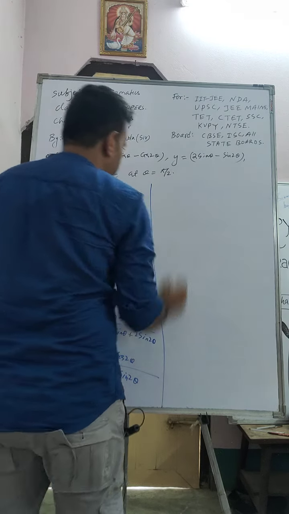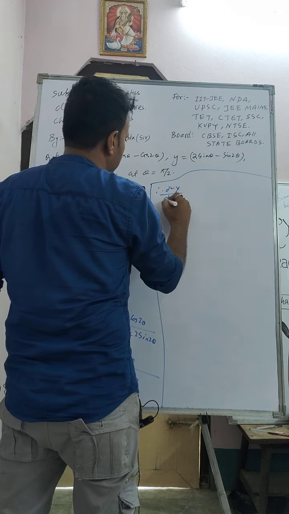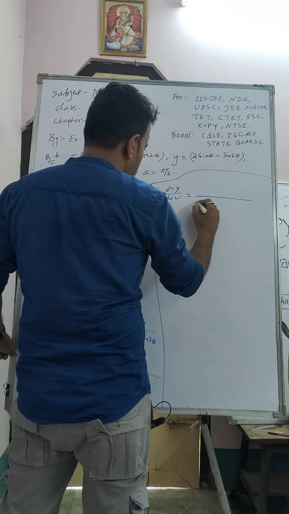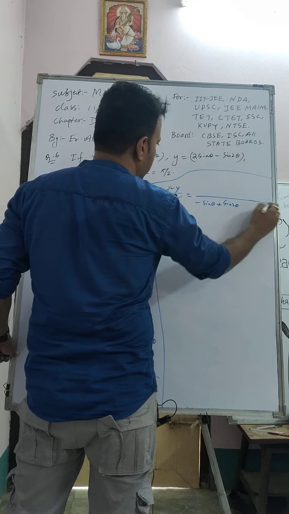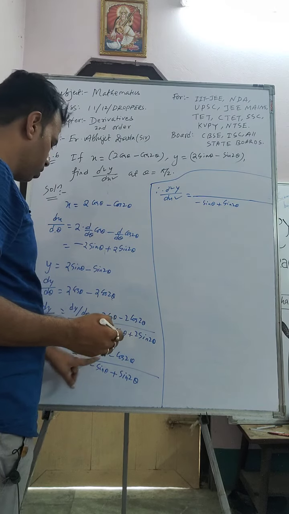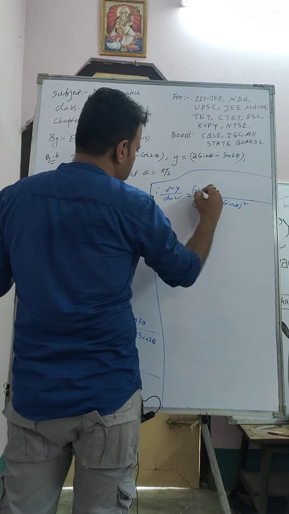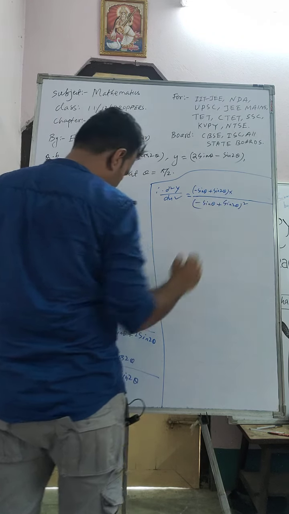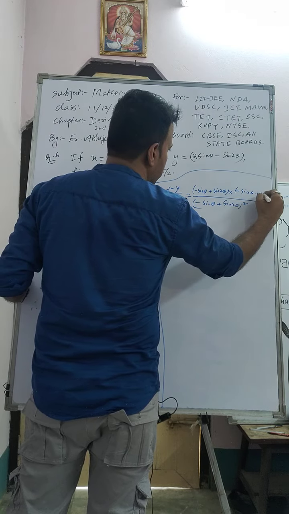Now I have to find d square y by dx square, right? Therefore d square y by dx square will be something like this, over minus sin theta plus sin 2 theta. If I do it directly, this is squared, and if I differentiate the upper part, it will be minus sin theta plus 2 sin 2 theta.